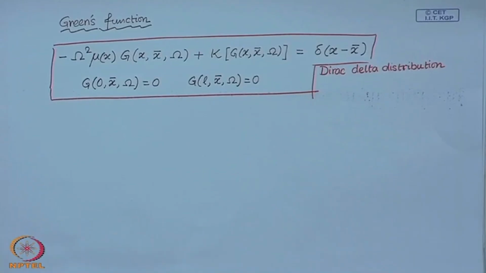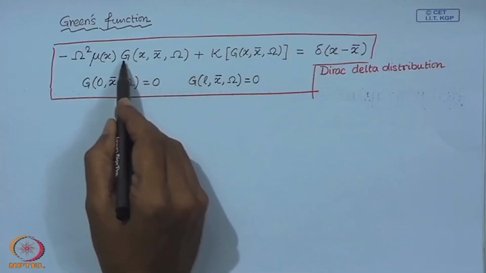Which means that Green's function is the solution of a one dimensional continuous system, when you apply a harmonic concentrated forcing of frequency capital omega applied at the location x equal to x bar. So, the solution of that system is the Green's function.